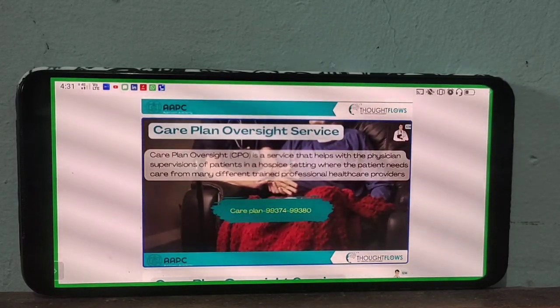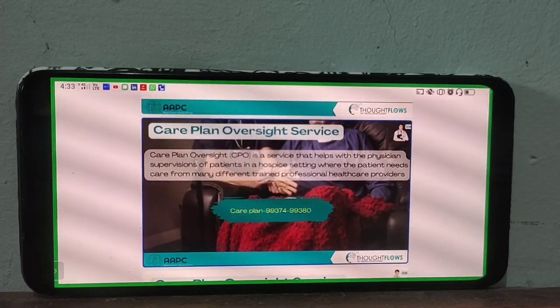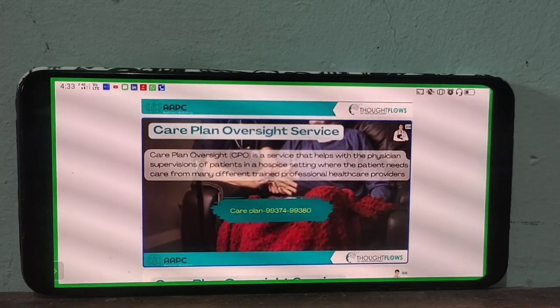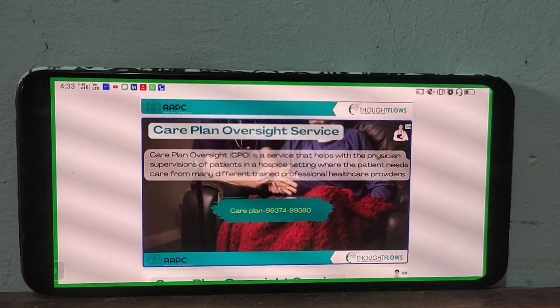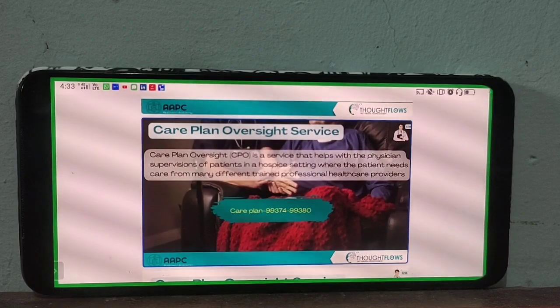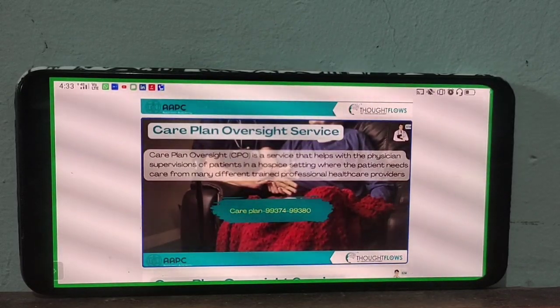When a patient needs care from many different professionals, they give the treatment and take care of that patient in a hospice setting.